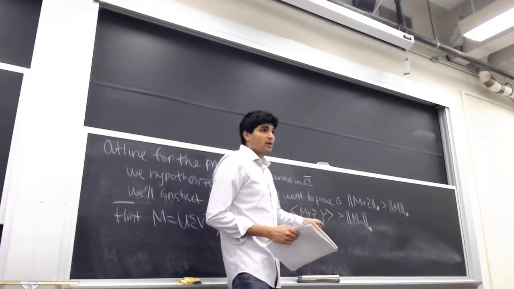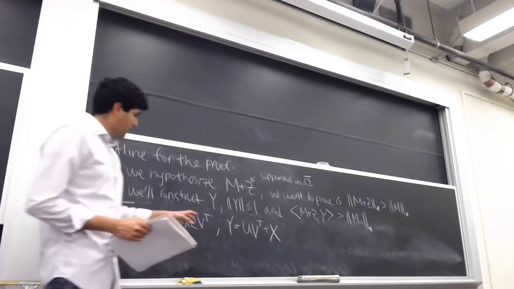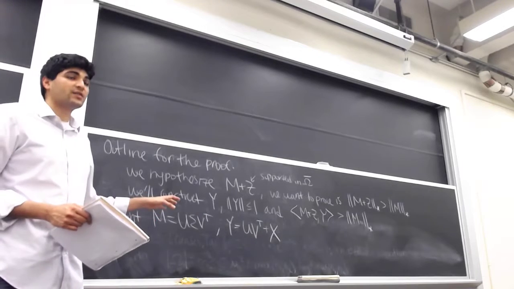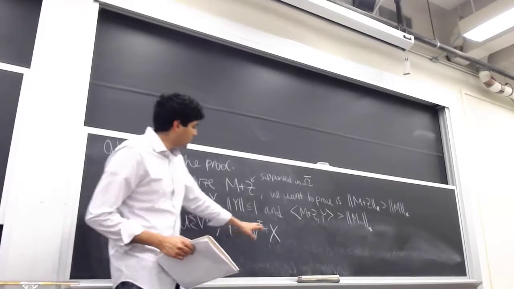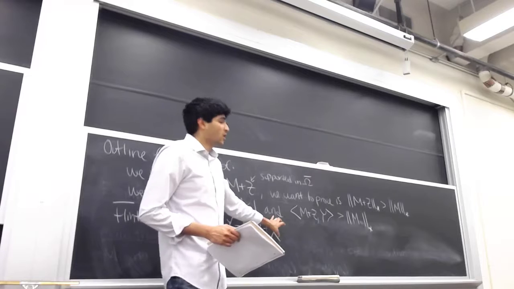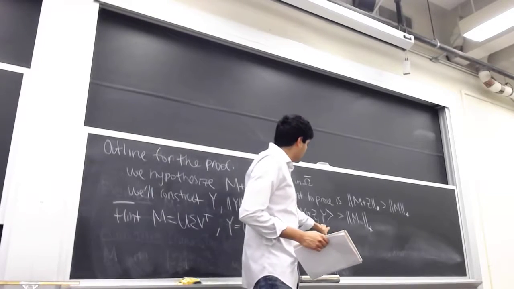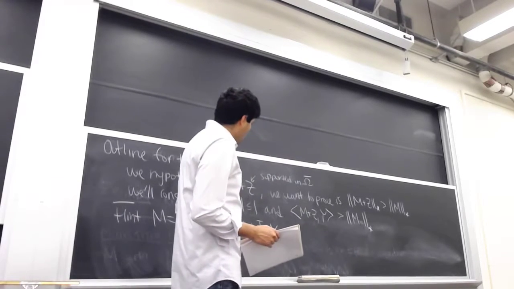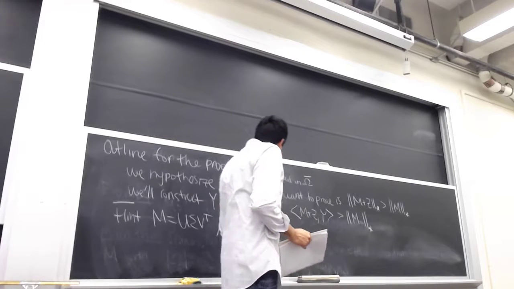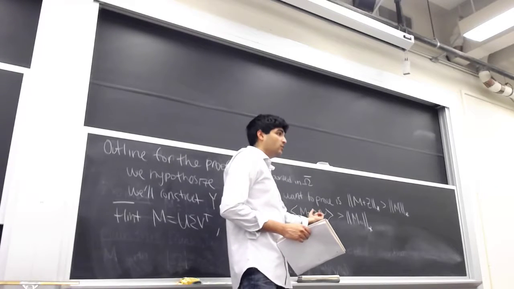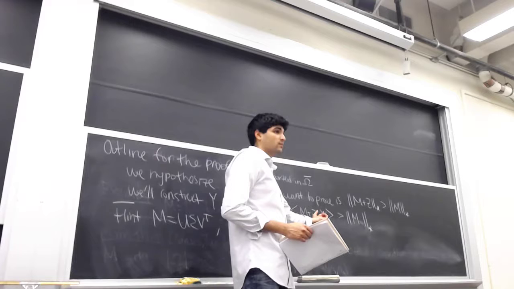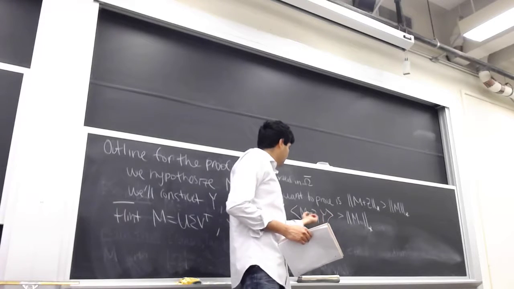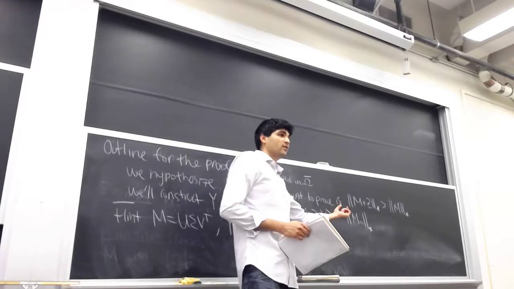So this is what I wanted to get at with these facts. Initially, when we set x to be 0 and take this inner product, we get uv transpose with m and uv transpose with z. The uv transpose with m is going to pick up exactly the nuclear norm.